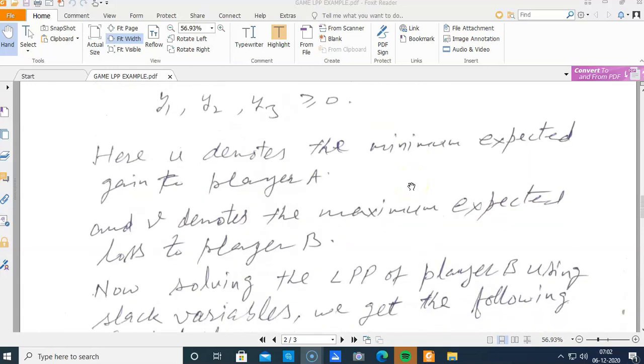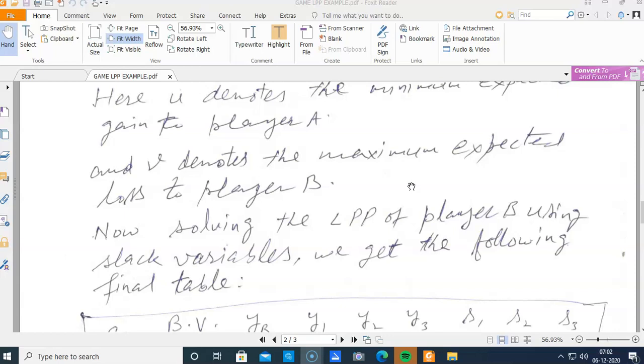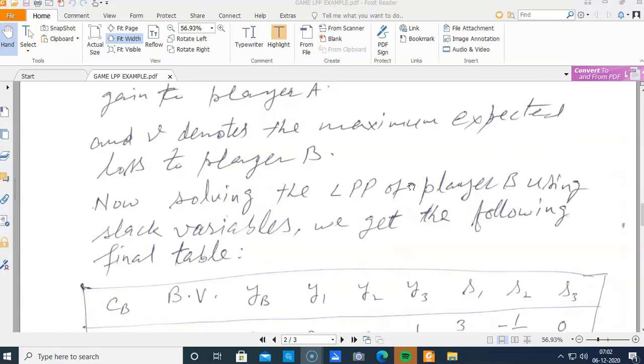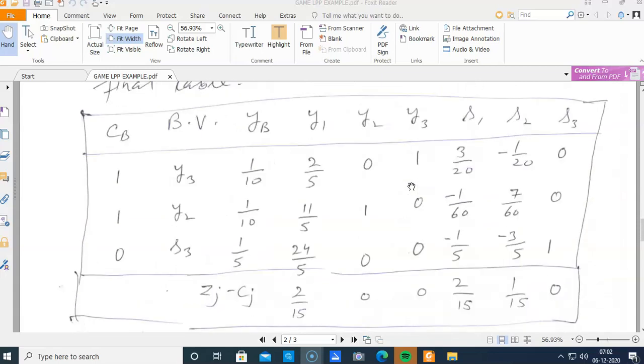Now, solving player B's LPP, you add slack variables and apply the simplex method, and at the end I am showing you the final table.